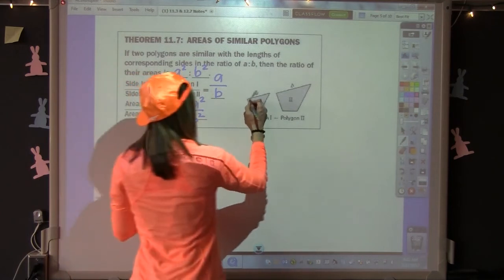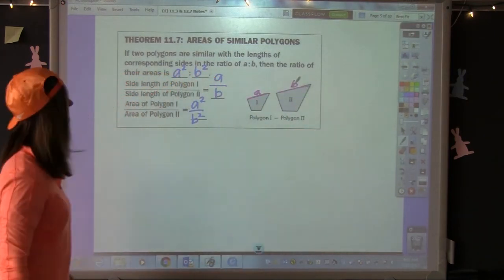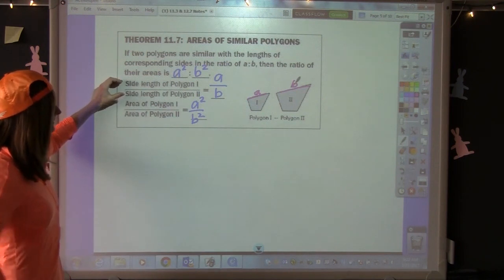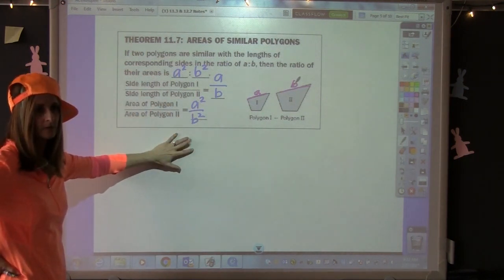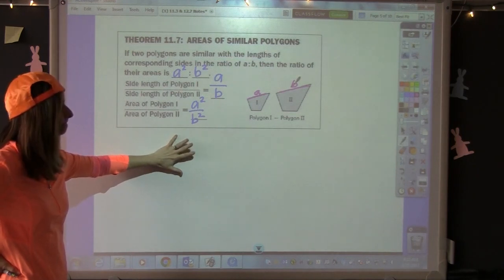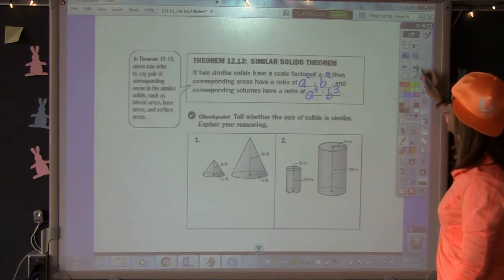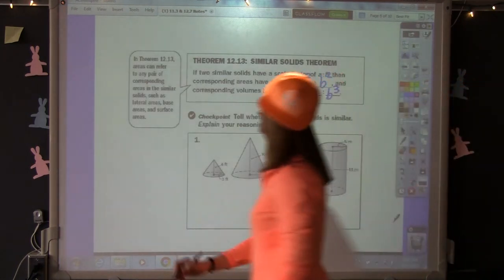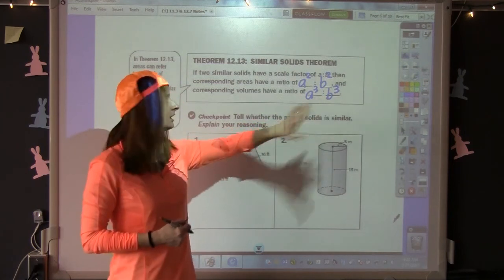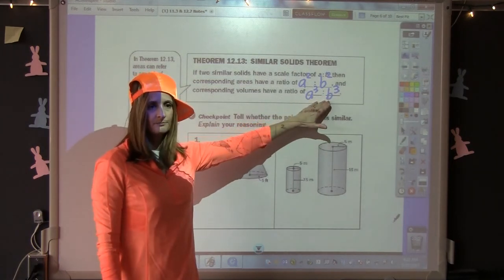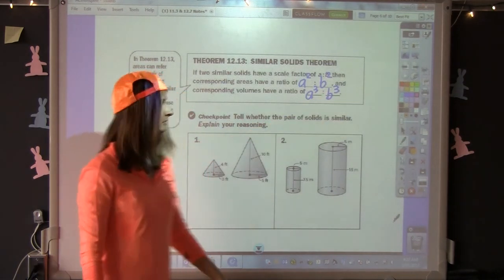If the side length ratio is A to B, then the area ratio is A squared to B squared. And we just saw that. Okay. And as I was saying, moving forward along with volume, the ratio for the volumes is A cubed to B cubed.